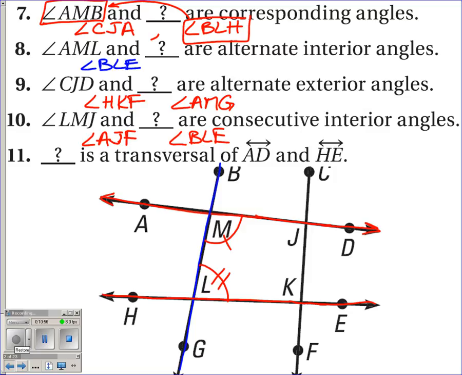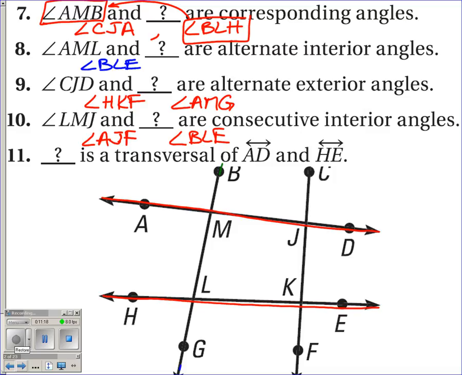Now, take a look at number 11. It says this is a transversal of lines AD and HE. Well, here's AD again, marking it in red, and here's HE. Well, we got two transversals.